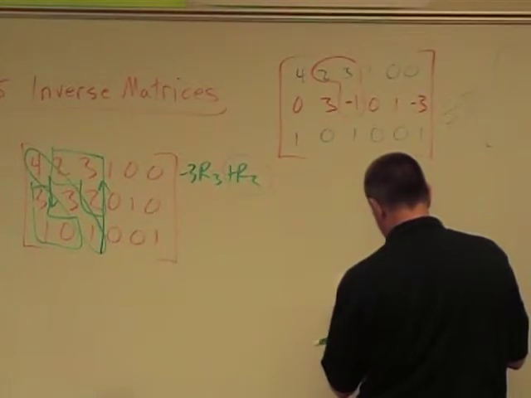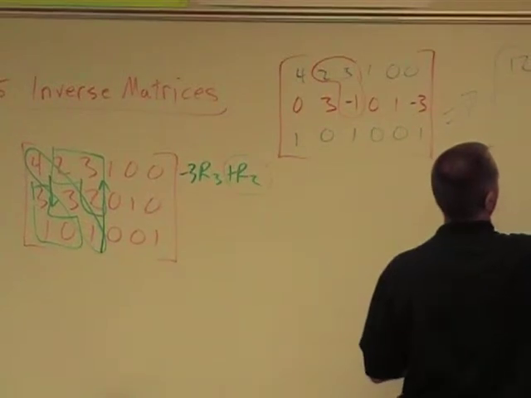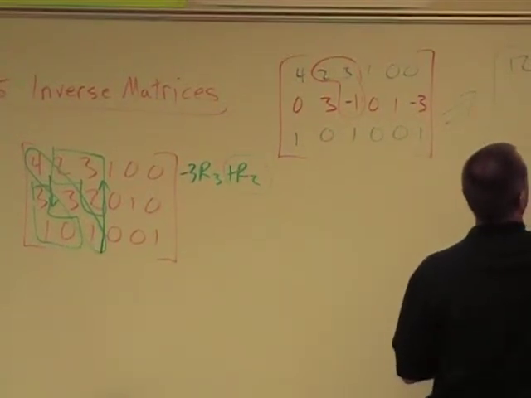It came out to, let's see, what's that? We did them all separately on here. It came out to something like this: 12, 3, and negative 1. And these were zeros.